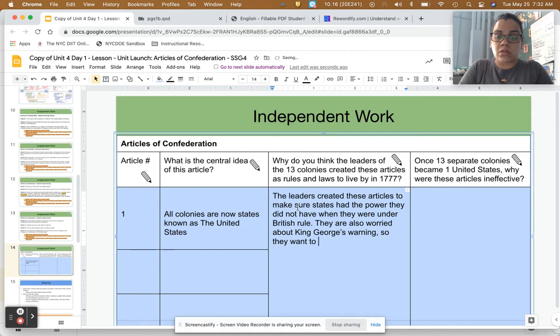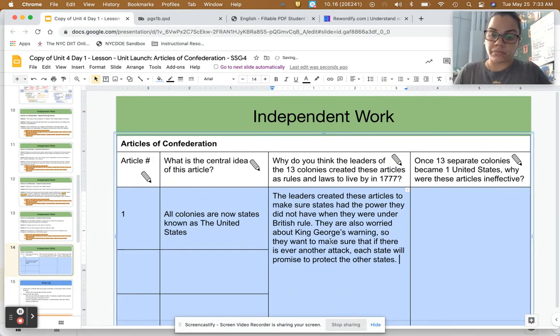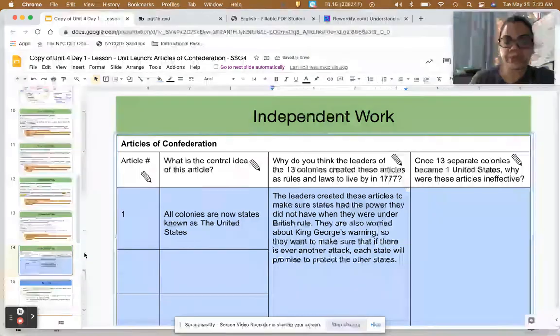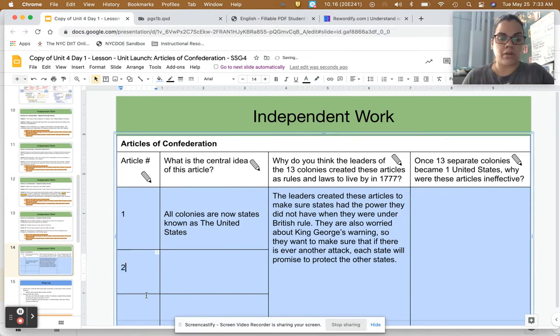So they want to make sure that if there is ever another attack, each state will promise to protect the other states. Okay? Right, so this would be Article 2, Article 3.